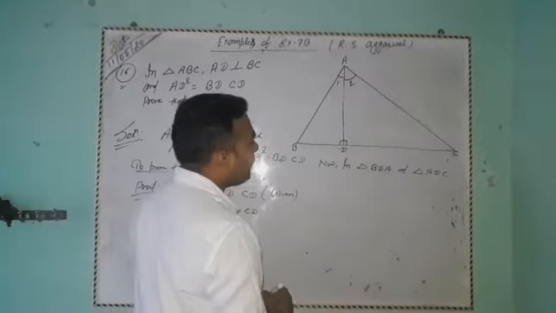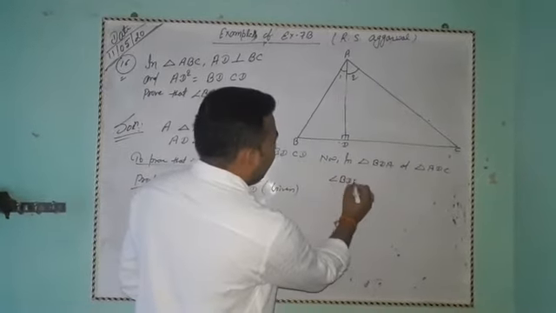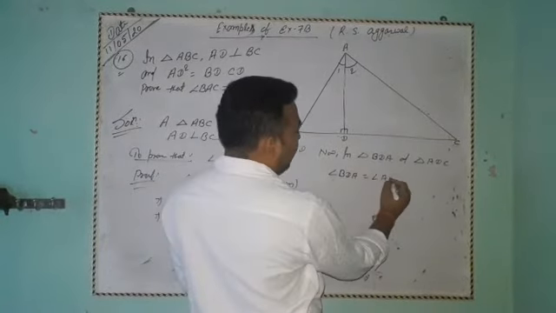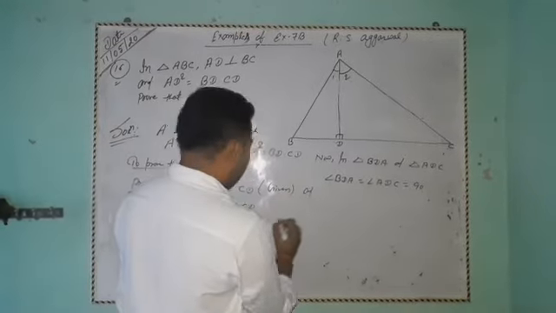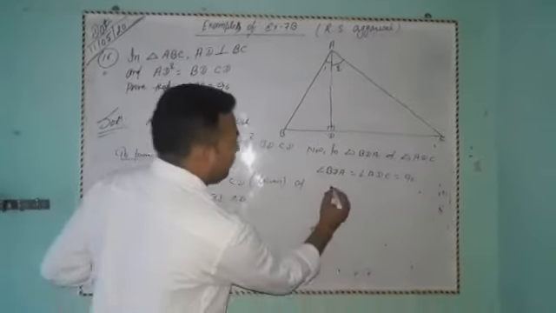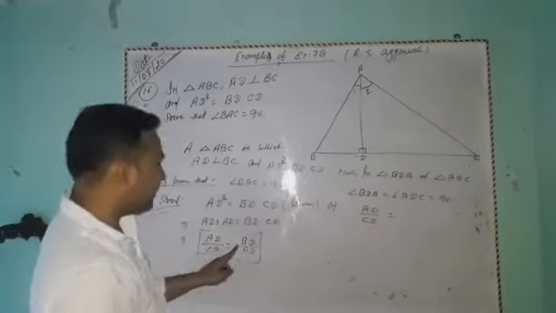Okay. So angle BDA equal to angle ADC. Angle ADC equal to 90 degree. And AD by CD equal to BD by AD.